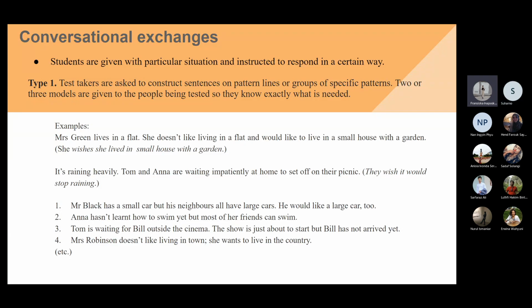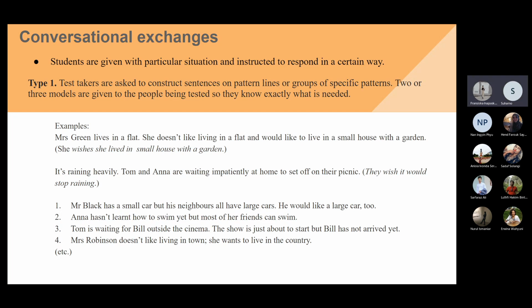The item types range from items presenting the test takers with situations in which they can initiate the conversation to incomplete conversations with the part of one speaker, for example a one-sided dialogue. The tests containing such items are on the whole reliable, but they cannot be described as being valid tests of speaking. So let's take a look at type 1.